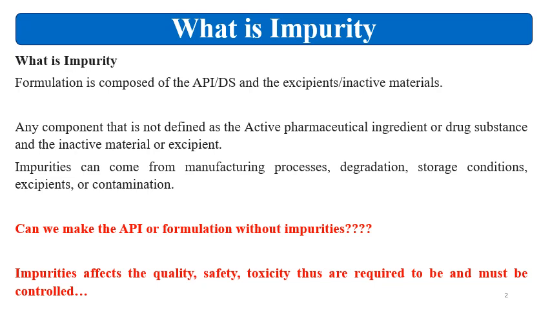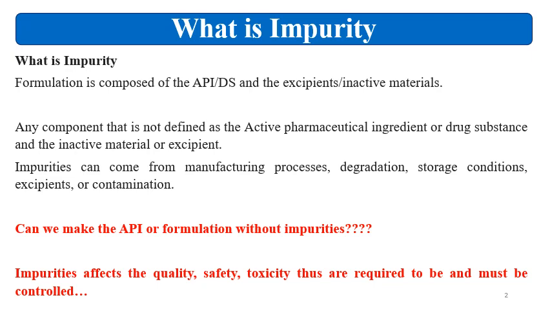Because these impurities may come from any source: the manufacturing process, degradation on storage, impurities in the excipients, or contamination. But contamination can be handled through the total quality management system and GMP practices. So contamination chances are very low.